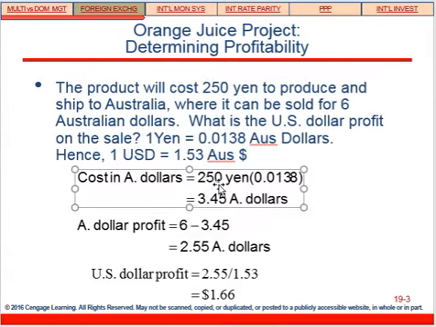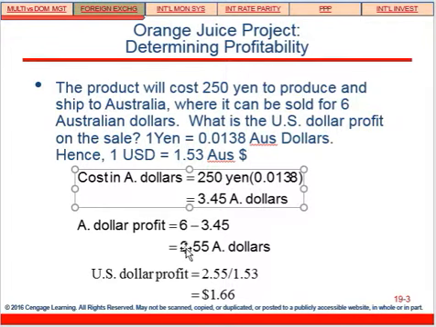Now coming back to the example, cost in Australian dollars is going to be 250 yens multiplied by the exchange rate between Australian dollars and yens. It is 3.45 Australian dollars. We are selling it for 6 Australian dollars, so the net profit is 2.55 Australian dollars. Now we can convert this into US dollars, USD.